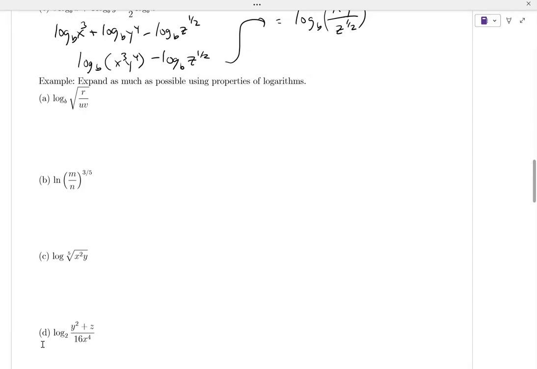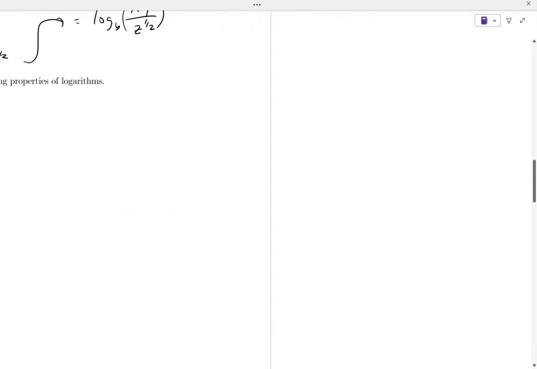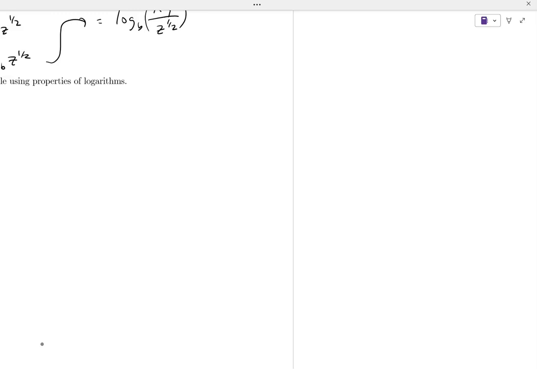Continue on with our discussion on log properties. Remember, on Wednesday we talked about how logs break up over certain situations. If you have a logarithm of a product, how can you rewrite that?